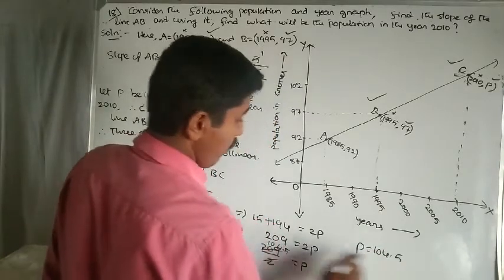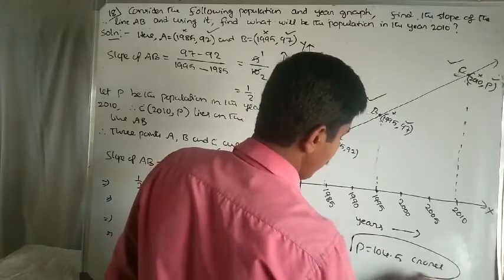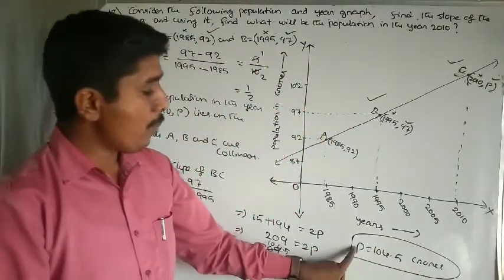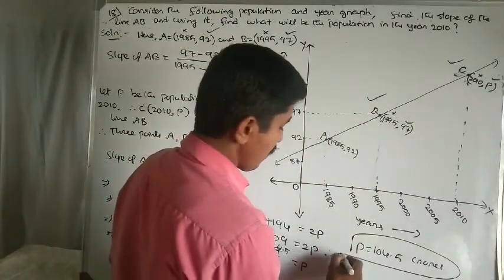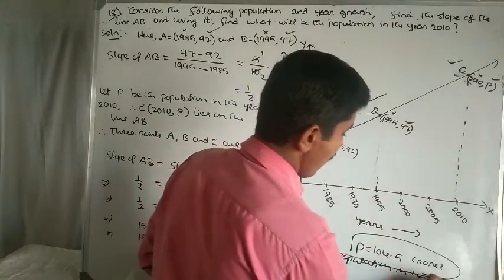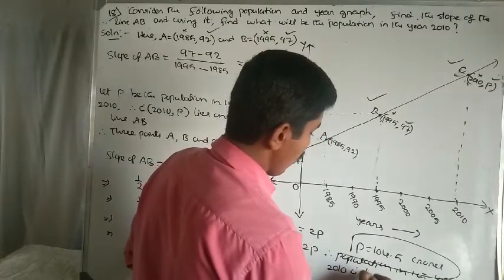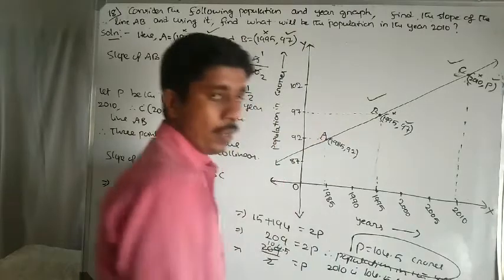This is 104.5 crores. Got it. Final: therefore, the population in the year 2010 is 104.5 crores.